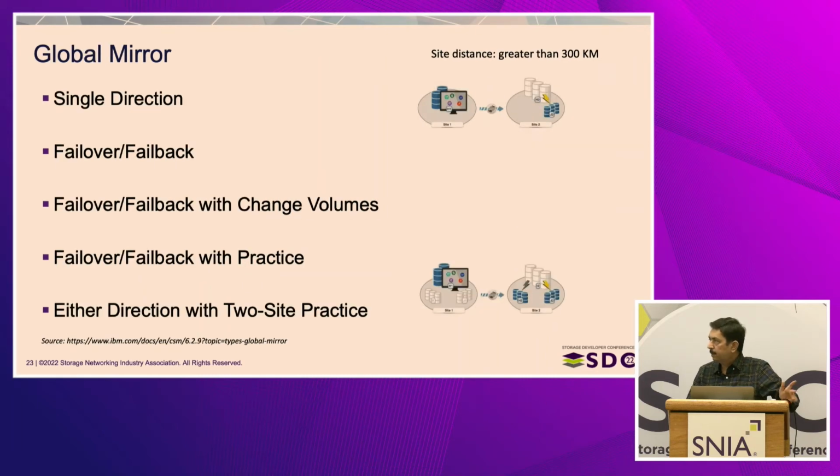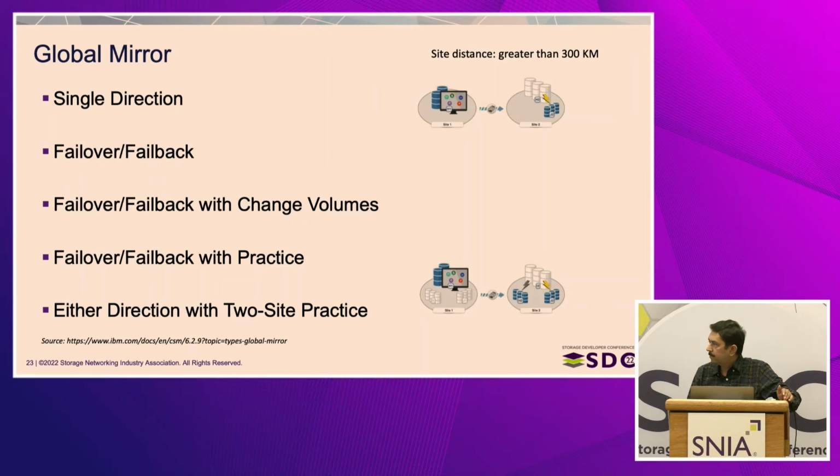Similarly, there is Global Mirror, which is for larger distances, greater than 300 kilometers. Same stuff here, single direction or multi-direction with change volumes, where change volumes are basically volumes where you have a snapshot on the source site, and then the replication happens from the snapshot to the target, and then there is another snapshot there, which would create another change volume.